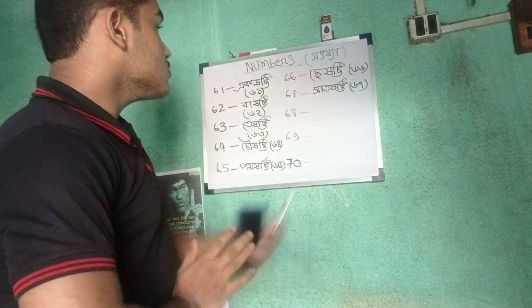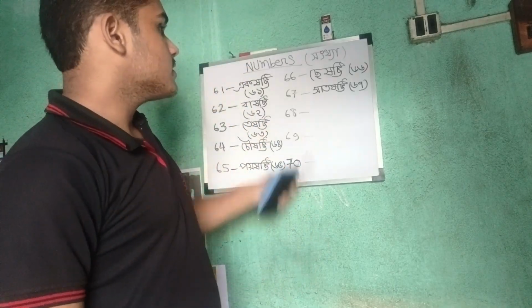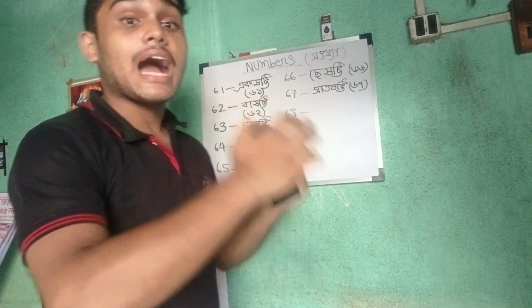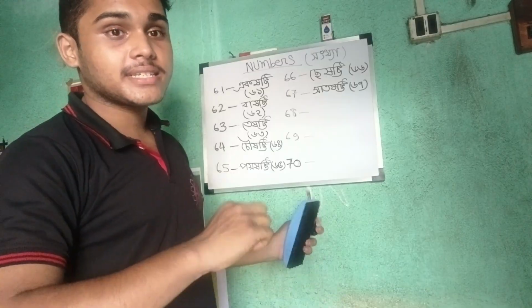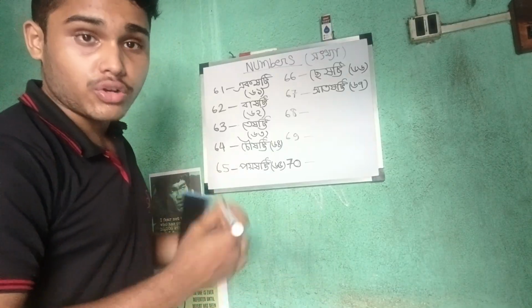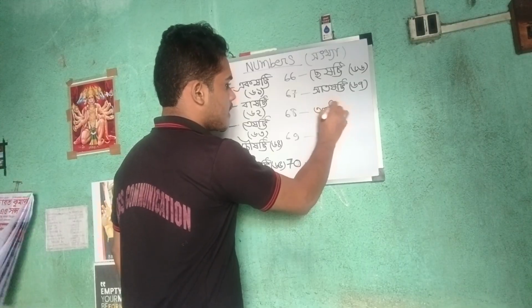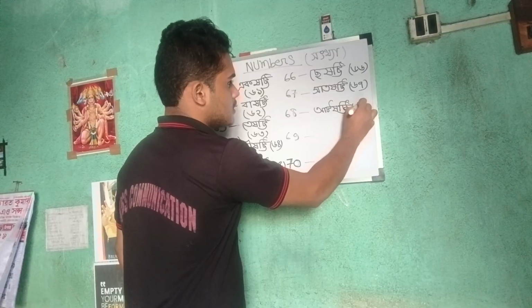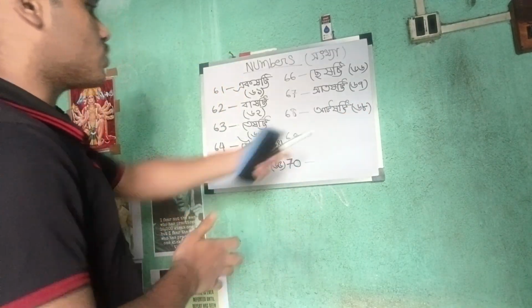After that we have 68. 68 means আটষট্টি. 8 means আট and 60 ষাট. So আটষট্টি, and then 8.